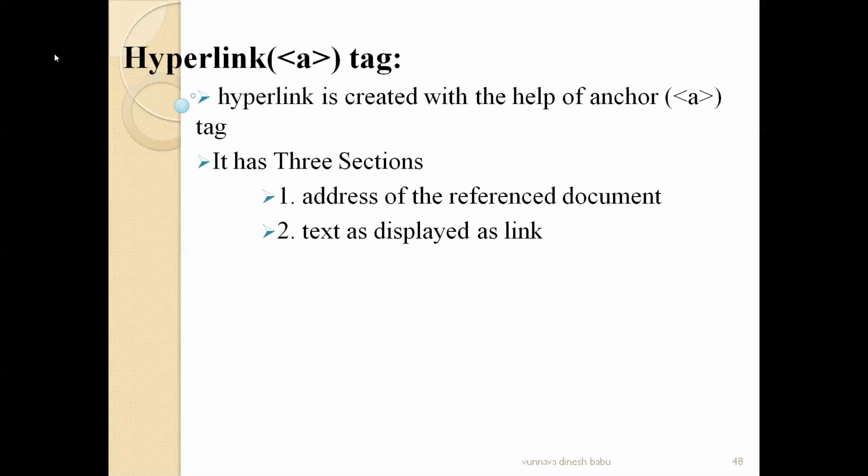In the first section, we give the address of the referenced document. In the second section, we provide the text that should be displayed as a link. And in the third section we provide the closing tag.